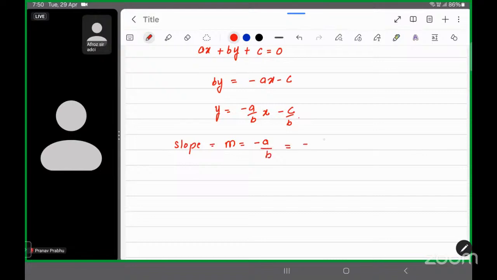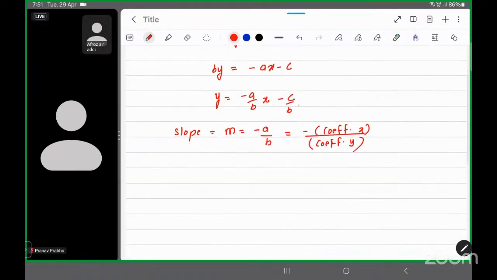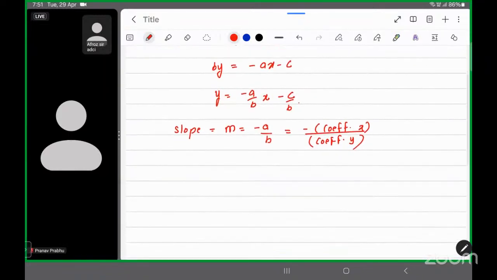That is the negative of the coefficient of x upon the coefficient of y. This is the slope of the line. And here the y-intercept is minus c upon b.